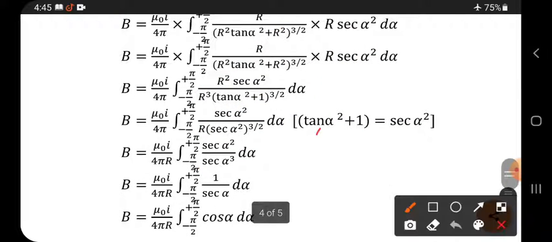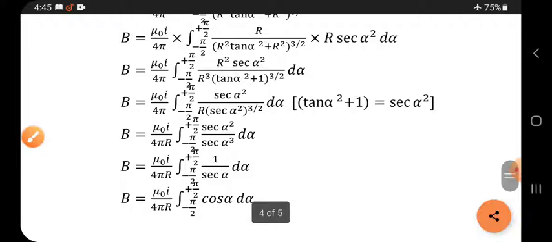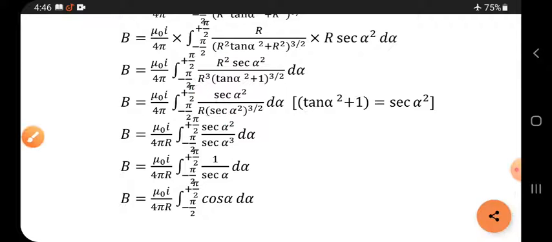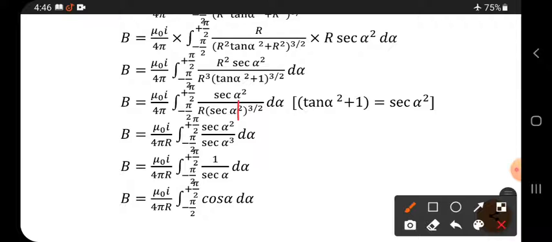Tan square plus 1 is equal to secant square alpha. Same thing, R square is taken outside and it becomes R cube. Same thing here, for the secant square the power cancels, 3 is there, so secant cube; secant square cancels, one secant alpha will be there, and this R is written on this side.